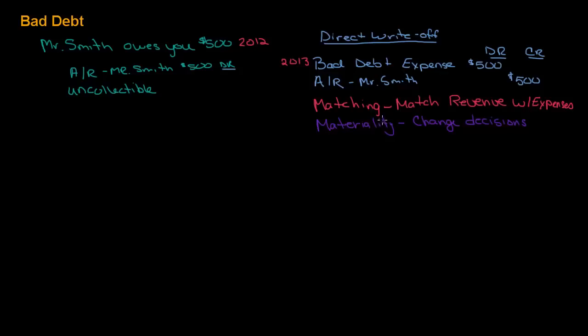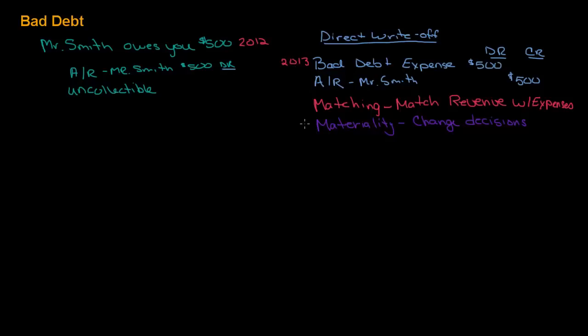So if something's material and an investor or a creditor looks at it, it might change whether or not they decide to invest in our company or lend money to our company. So the reason that this might violate materiality is because we might say, okay, well, we're not going to write off anything in 2012 because we want our numbers to look really good, and we'll wait until 2013 to record all those bad debts. Okay.